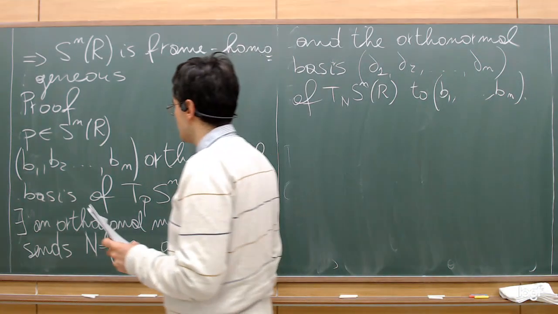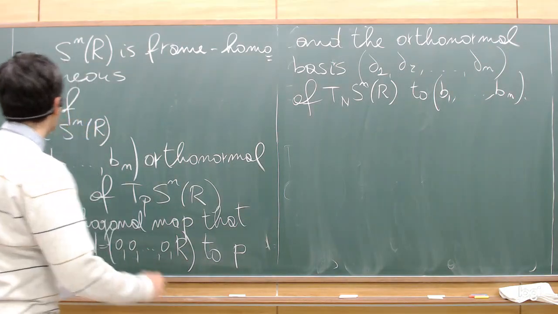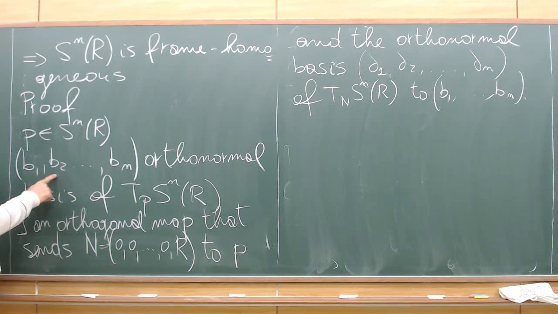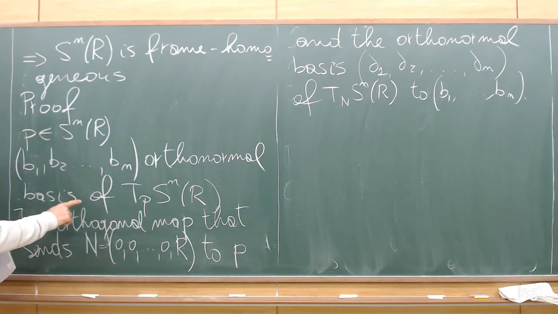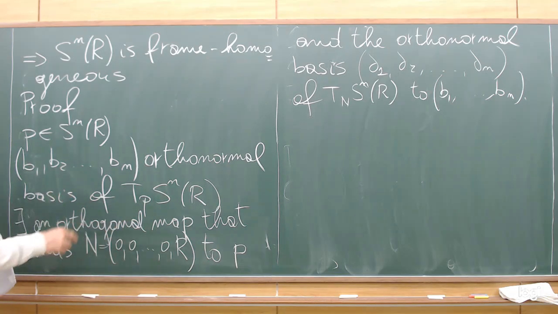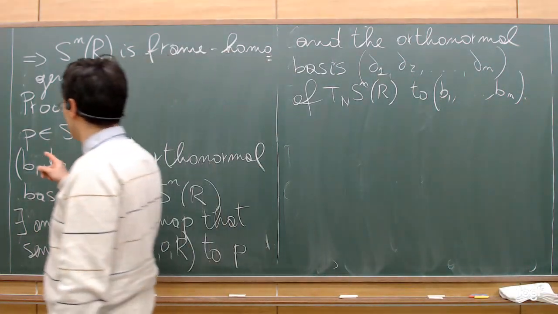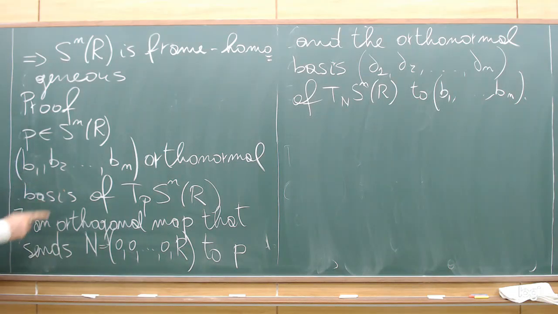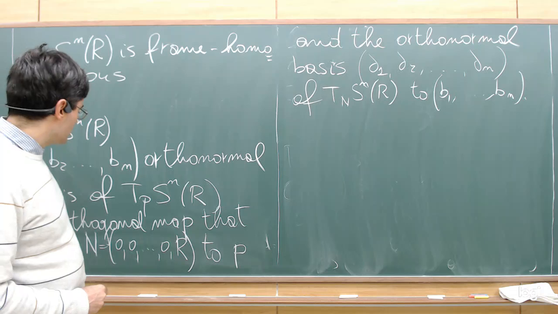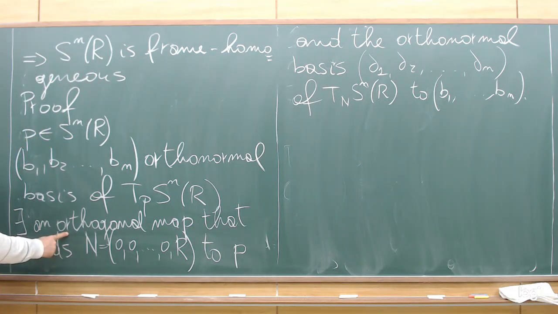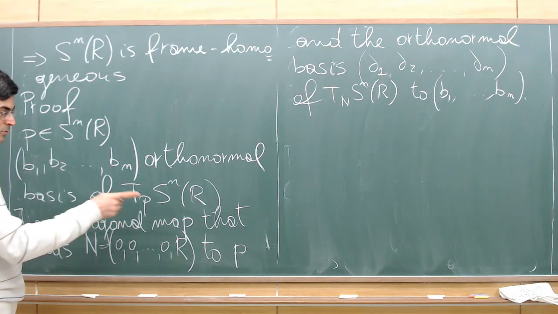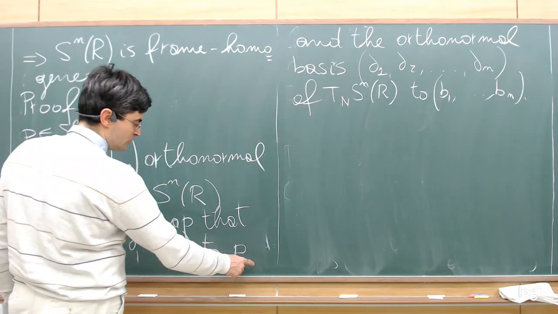It's enough to prove only this, because if you have another point of the sphere and the corresponding orthonormal basis of the tangent space to the sphere at that point, to prove that there exists an orthogonal map which sends P to this new point and this basis to the new orthonormal basis, you just compose the inverse of this map with the map that you get using the construction I will show you now, and replacing P by the new point.